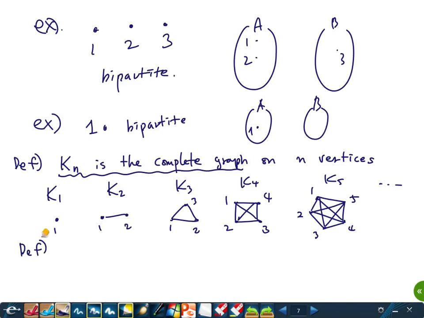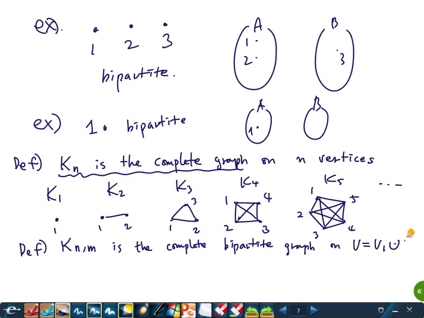There is also a graph called the complete bipartite graph. K sub n,m is the complete bipartite graph on a vertex set which is partitioned into two. By the way, when I write V equals A union with a dot B, this means disjoint union.